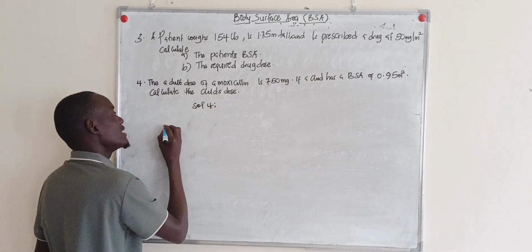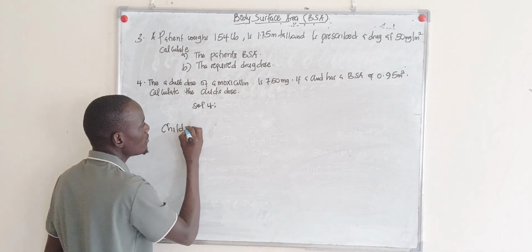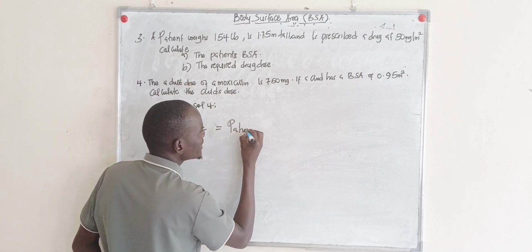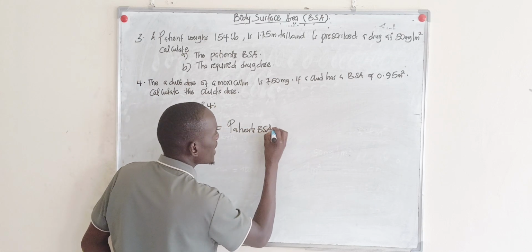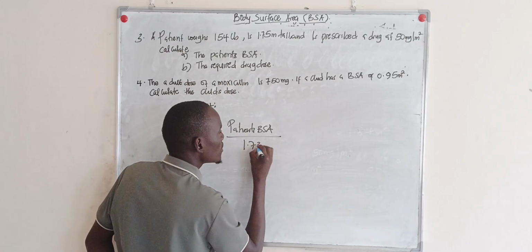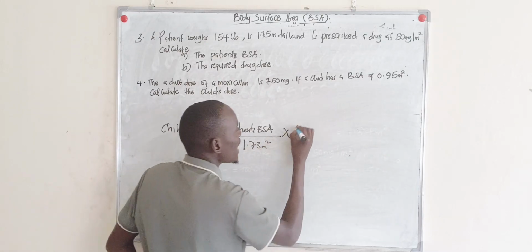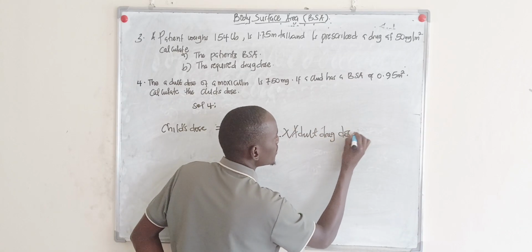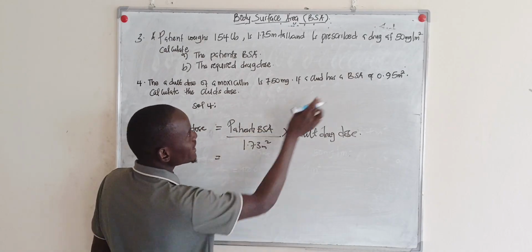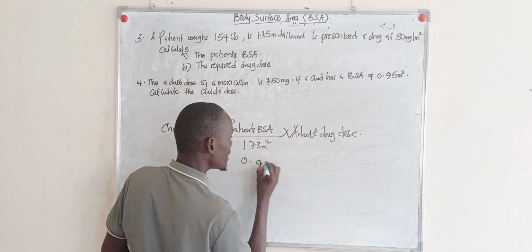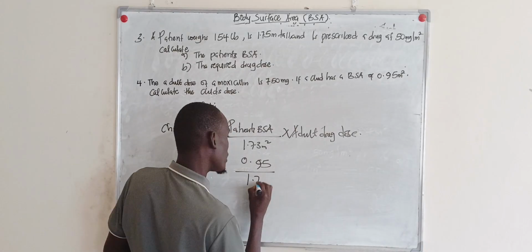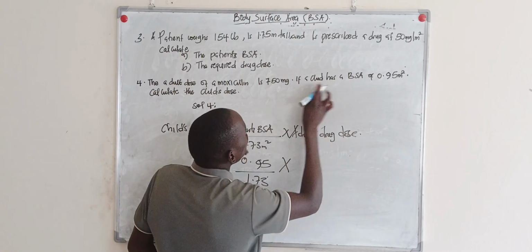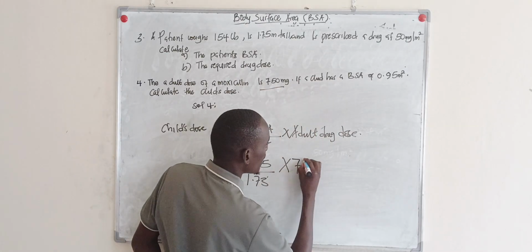But remember, Charlotte's dose from our formula is given by the patient's body surface area divided by the average body surface area times the adult drug dose. So when we try to compute, the body surface area has been given to us as 0.95 divided by 1.53, which is a constant, times the dose of amoxicillin for an adult.